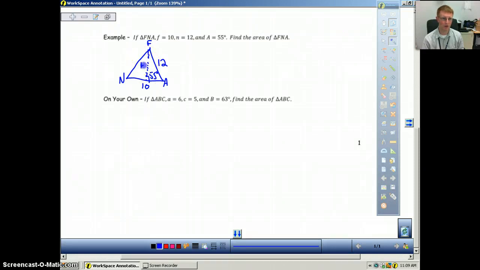Now again, you could go through and find the height the same way we did in the previous problem, but we also now know that we have a formula to figure out the area of this, because the height is going to be found within this formula. Area equals 1/2 times base times third side times the sine of the angle in between them.